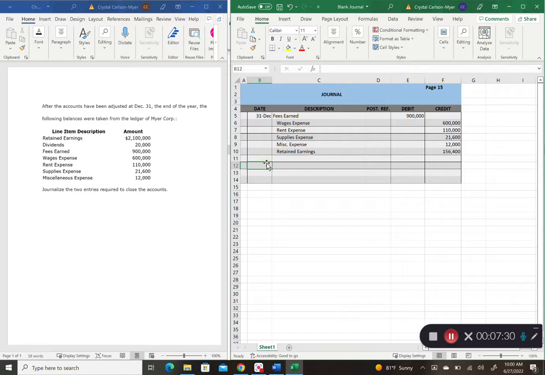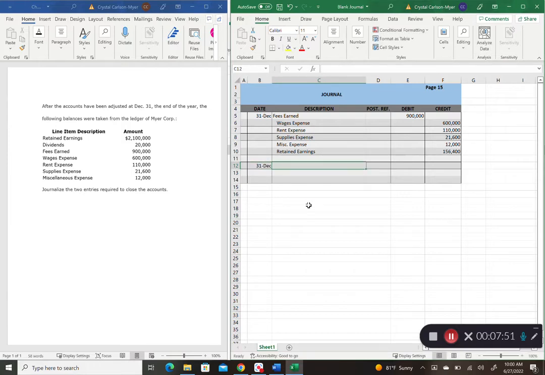All right, our second required closing journal entry is to close out our dividends account. We need to close out the dividends account into retained earnings, because dividends are also a temporary account. We want to show the amount of dividends that we're paying out to our stockholders every single year. So go ahead and put the date in here.